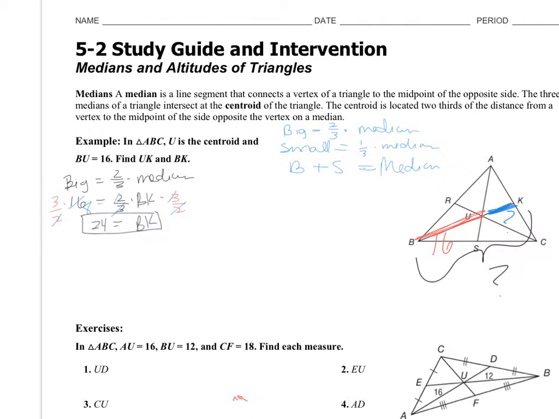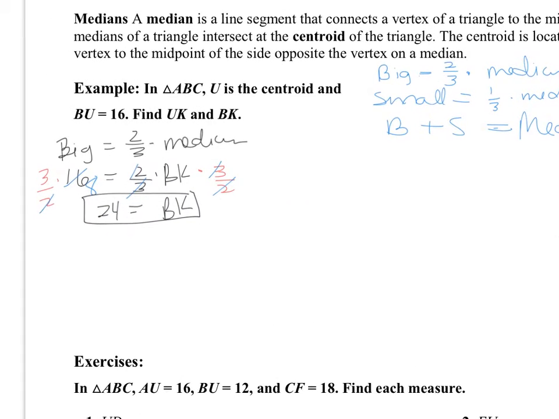Well, on our figure, if 24 is BK, that's the entire length. To find the length of the smaller side, I would just have to subtract, because the median minus the large portion is equal to the small portion. So I'm going to use that idea that the big piece plus the small piece is equal to the median.